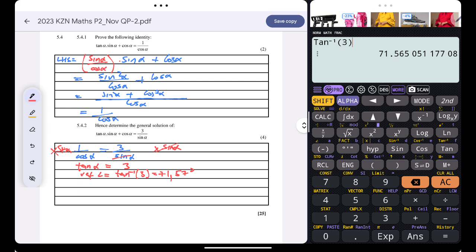So if tan is equal to a positive number, then you must express your reference angle in the first quadrant. If tan is equal to a negative number, just express your reference angle in the second quadrant. So in this case, I'll simply say, therefore, alpha is equal to 71.57 degrees plus k times 180, where k is an element of integers.